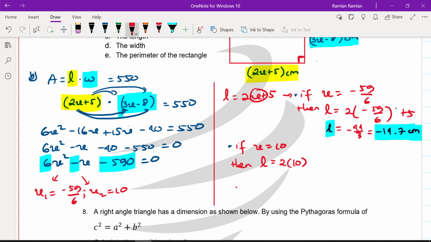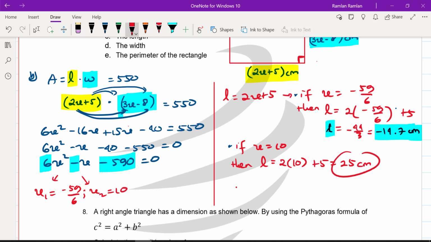Again, we only need to substitute the x by 10 because we are using 10 for this investigation. And then plus 5. 2 times 10 is 20, 20 plus 5 equals 25. So this is 25 centimeter. Okay, so does this make any sense?